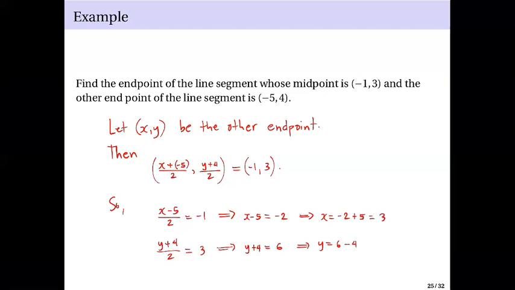And 6 minus 4, that's equal to 2. Okay, therefore, the other endpoint is 3, comma 2.